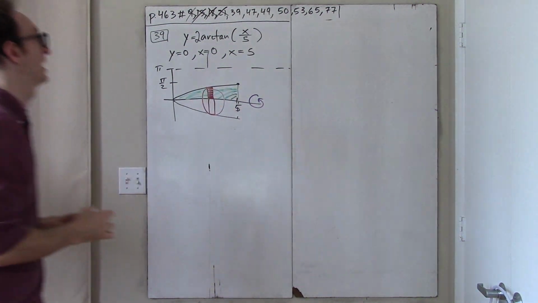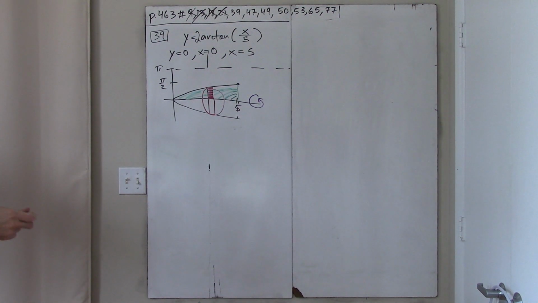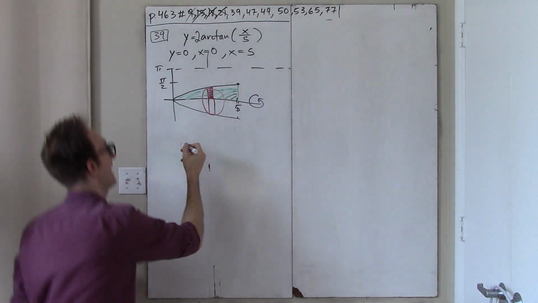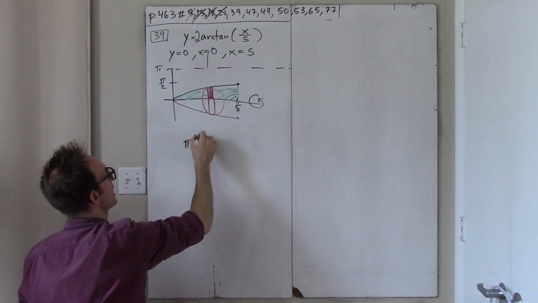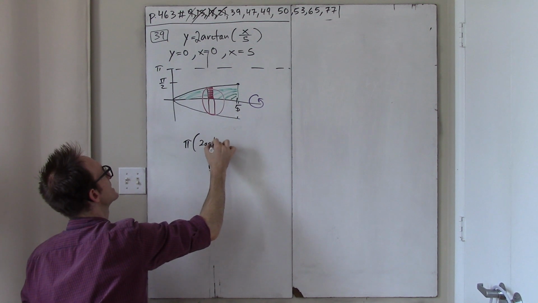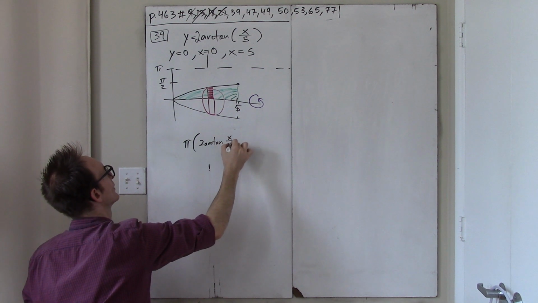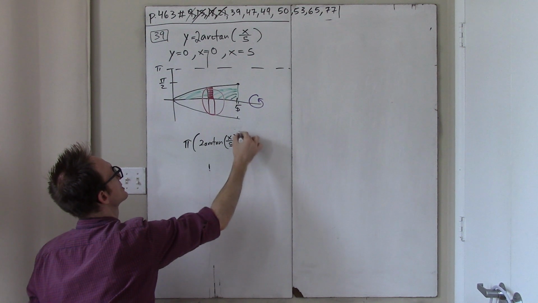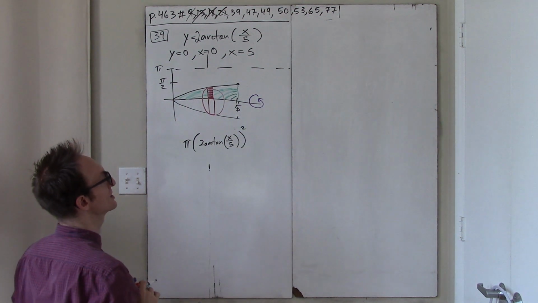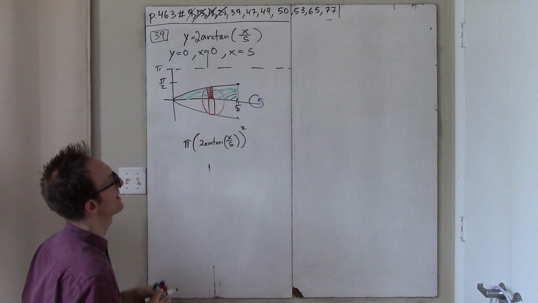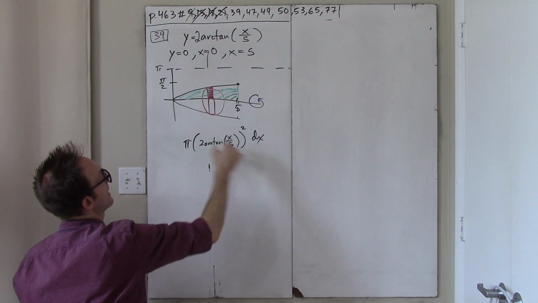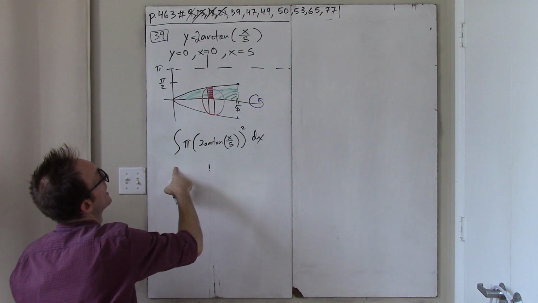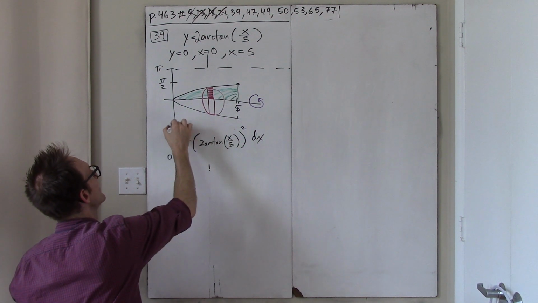And the disk is determined by, well, it's going to be pi times this function, 2 arctan of x over 5, squared, so pi r squared is the area of that circle, and then we multiply by dx, and then we integrate from 0 to 5.